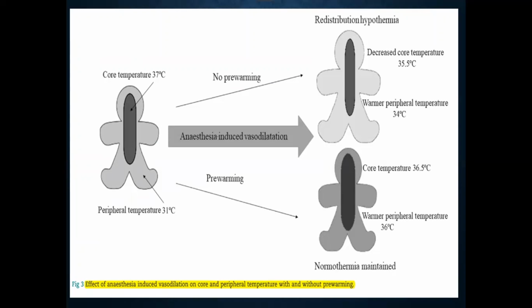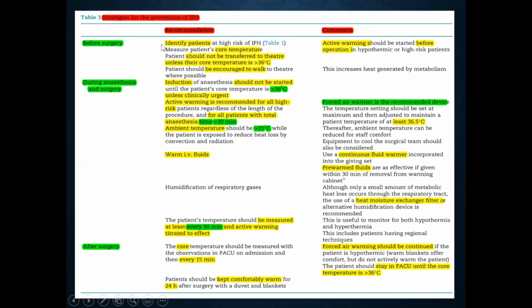Don't give induction immediately and then, once the patient is settled in bed, only then apply the warming blanket, because at that point the patient has already reached here, and for you to come back from here will take a longer time.